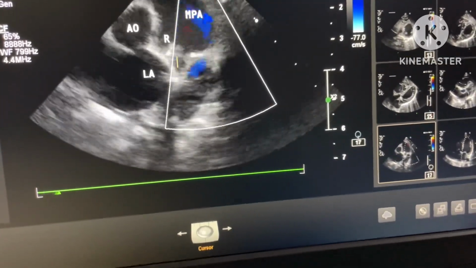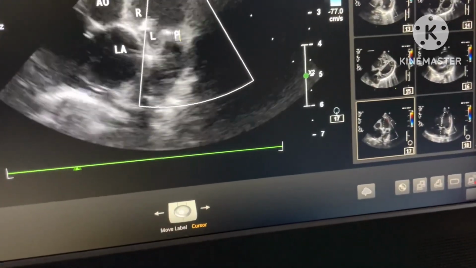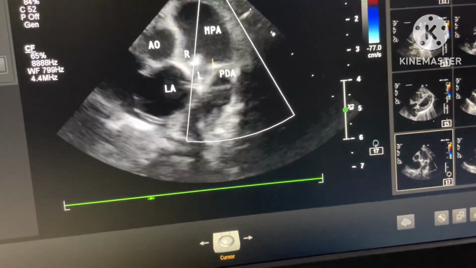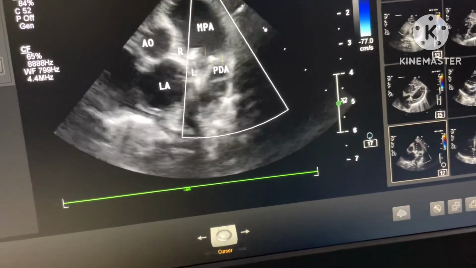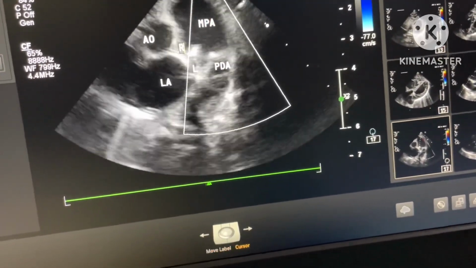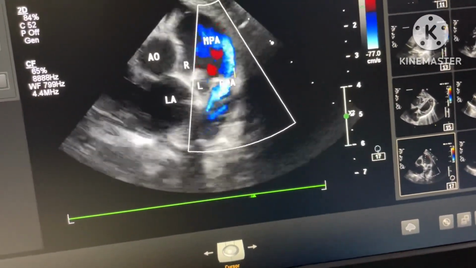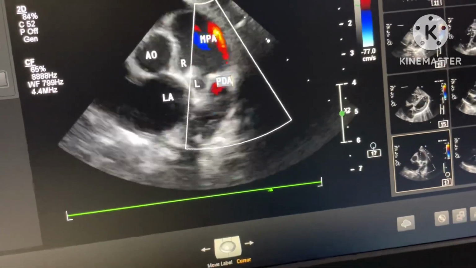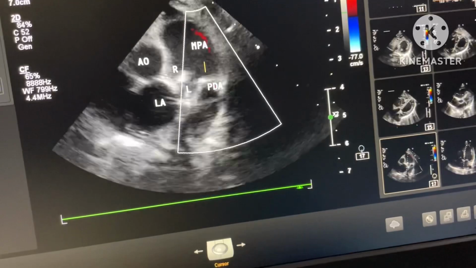This is the left pulmonary artery, and this is the PDA. Whenever you have to find out whether a PDA is present, from right to left, first will be the right pulmonary artery branch, second the left pulmonary artery branch, and third the patent ductus arteriosus. You can see here the patent ductus arteriosus has bidirectional flow.